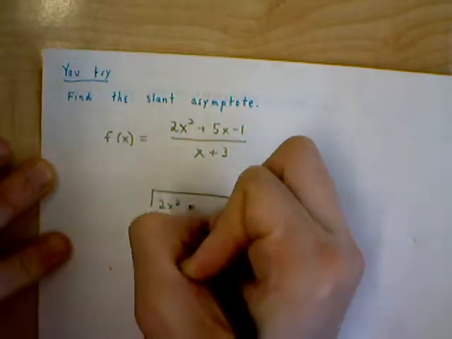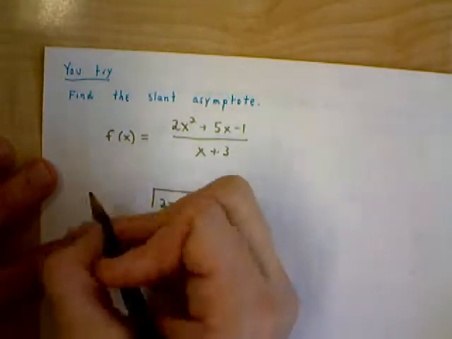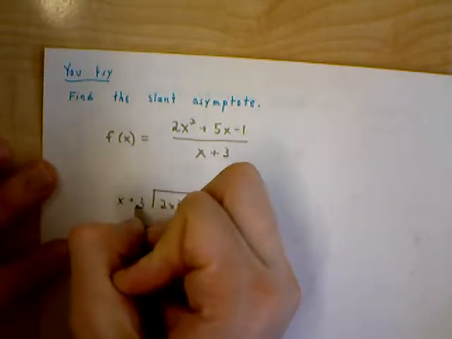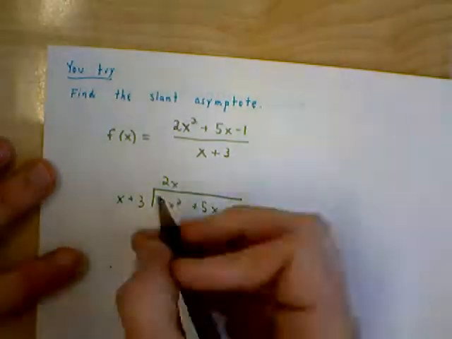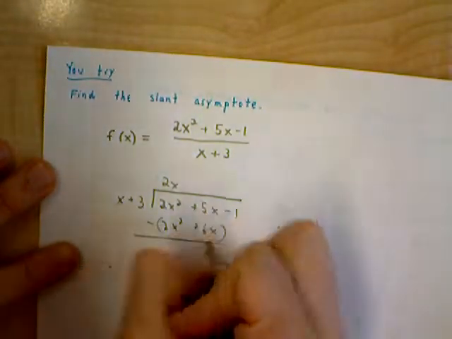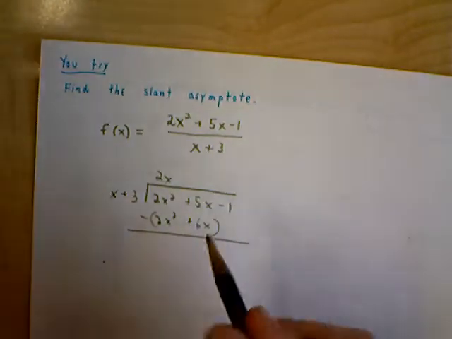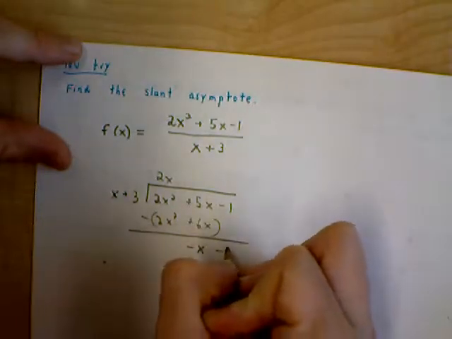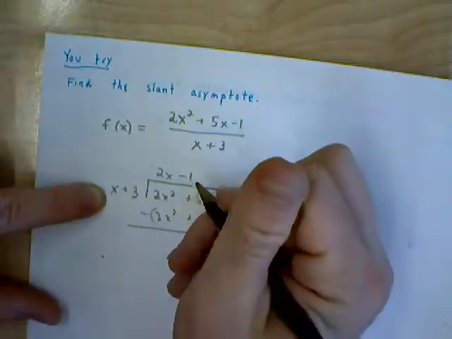I have 2x squared plus 5x minus 1. All right, x times what is 2x squared? That's 2x. Multiply it through. I got 2x squared plus 6x. Subtract. These cancel out. 5x minus positive 6x is negative x, minus 1. x goes into negative x negative 1 times.